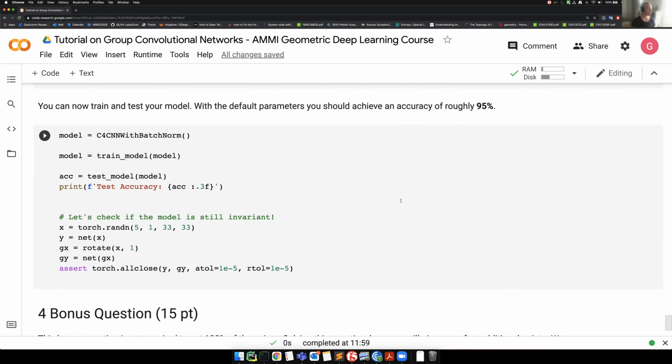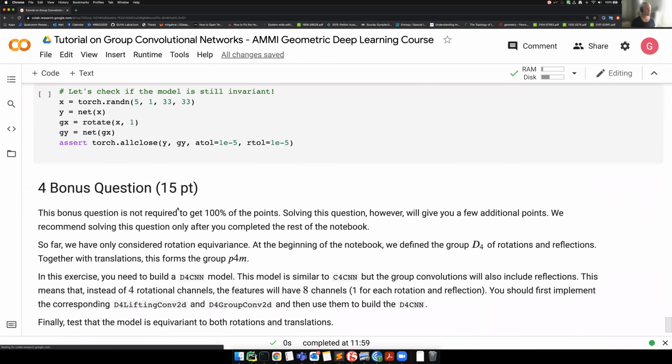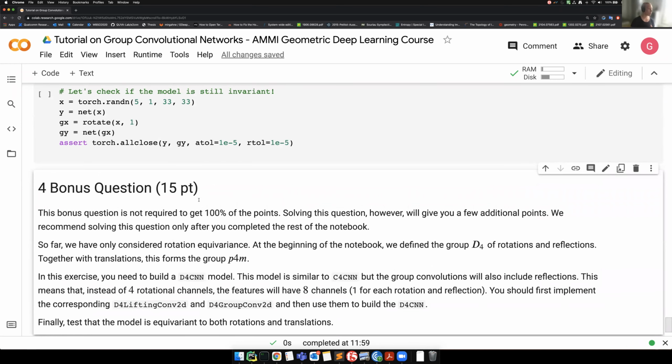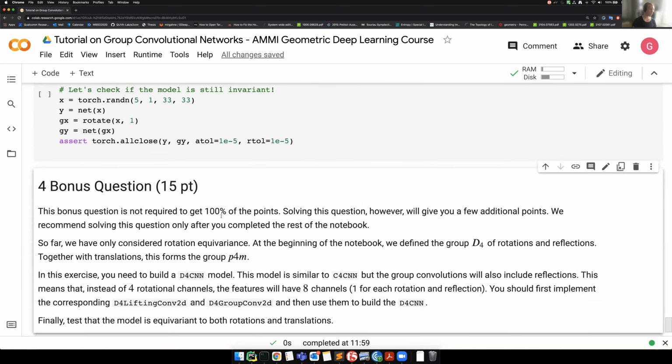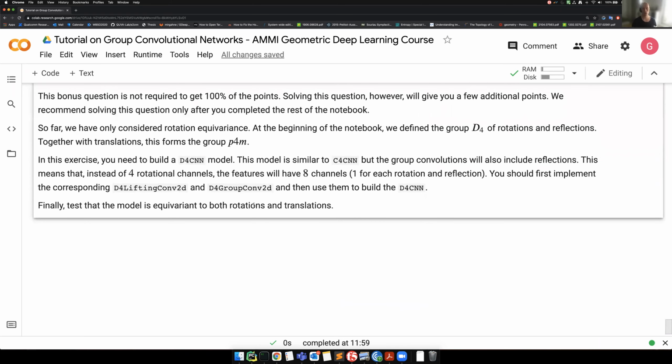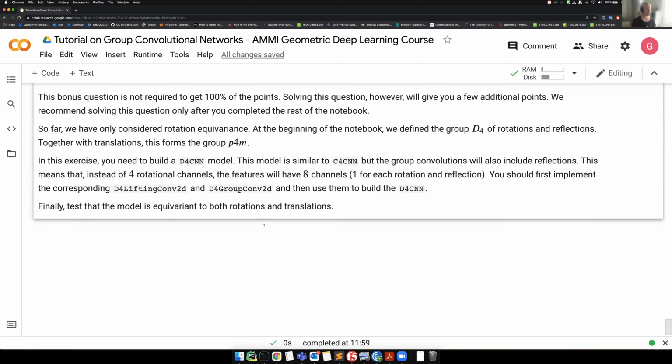One last thing, and then we are done: you have this additional bonus question, which asks you to implement the rotation equivariant model, but this time you also use the reflections. At the beginning, remember, we built a group of rotations and reflections. And here, on your own, you should try to build a network that is equivariant to them.